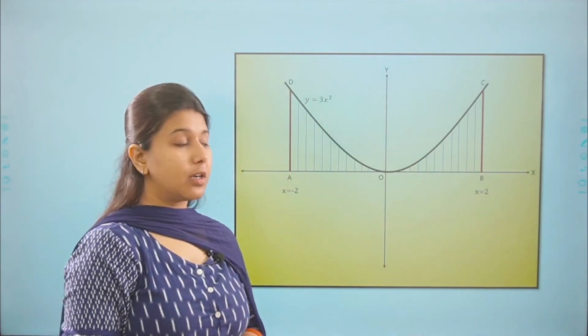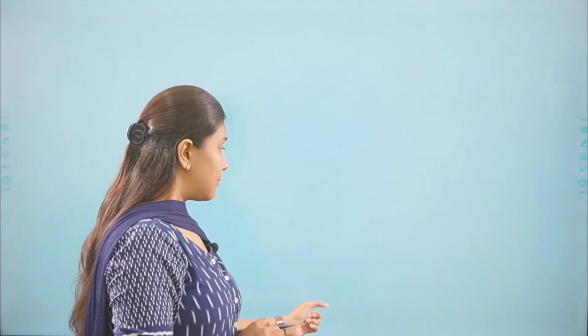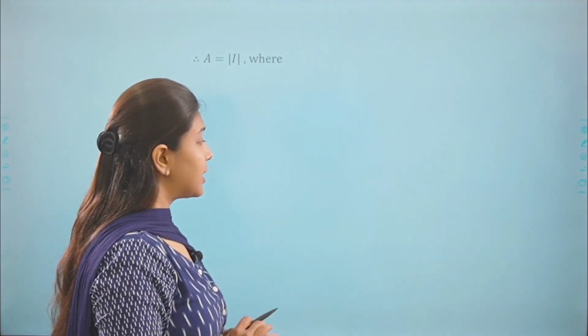For that, we can use our formula, that is A is equals to modulus of I. You can denote area as capital A. Here we can take modulus of I because your area should be always positive.